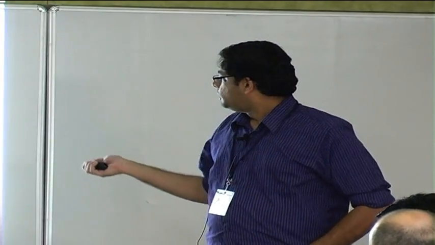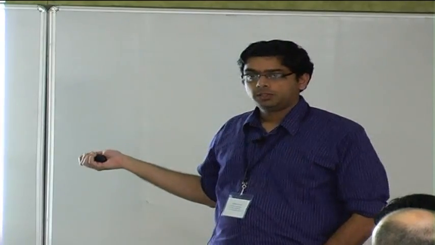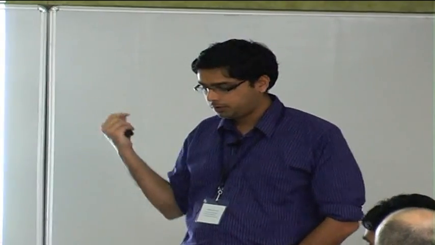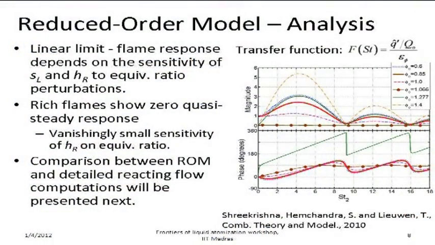And what we find is, since for rich flames the heat of reaction is not sensitive to equivalence ratio fluctuations, the low frequency response is 0, unless you have something like velocity fluctuation. So this is a very interesting difference between rich and lean flames when they're forced only by equivalence ratio perturbations.